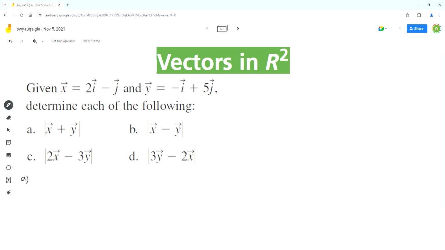So in part A, we have to calculate the magnitude of x plus y. So the first step is to calculate the sum of vectors x and y.